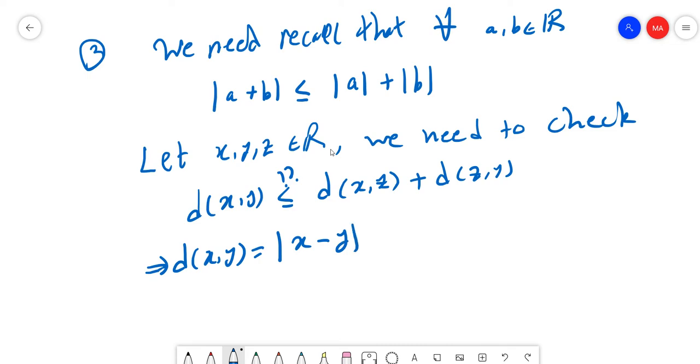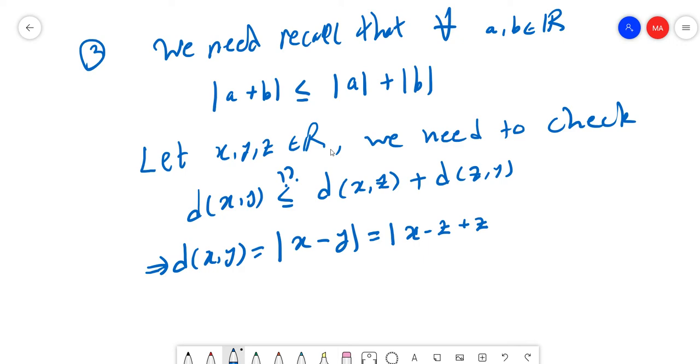Let us add and subtract the element z inside the absolute value, which gives x minus z plus z.